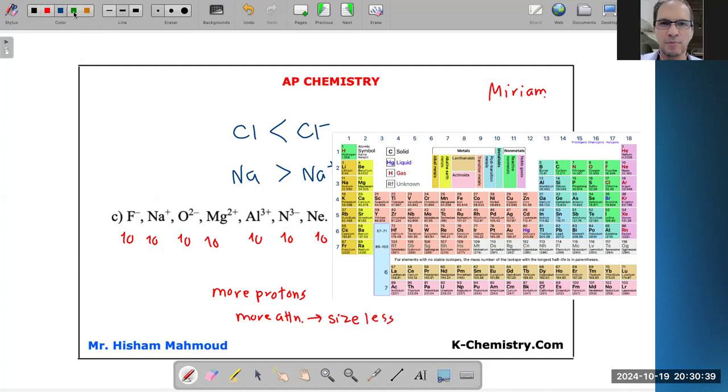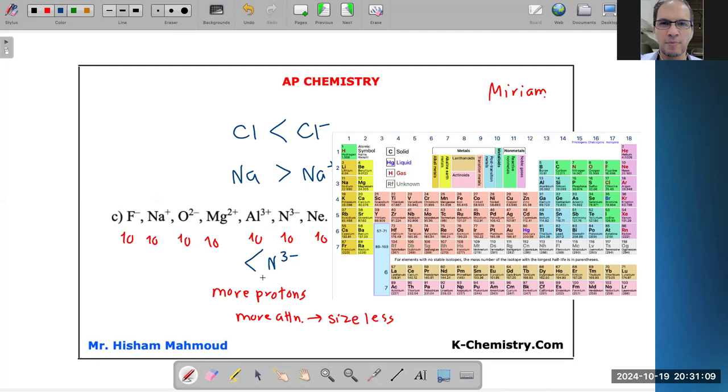So the biggest size will be the one that has the smallest number of protons. Which has the least attraction? The one with the fewest protons. Which one has the fewest protons? N3 minus.